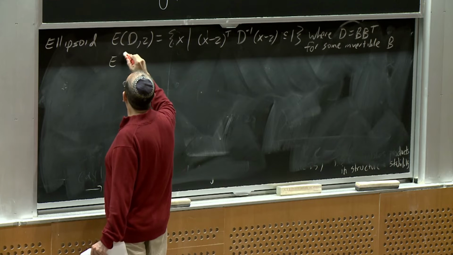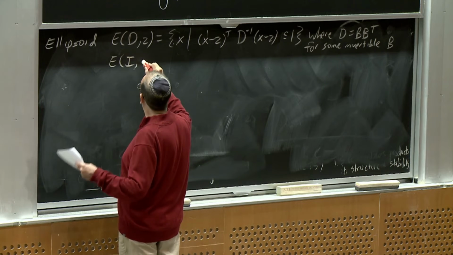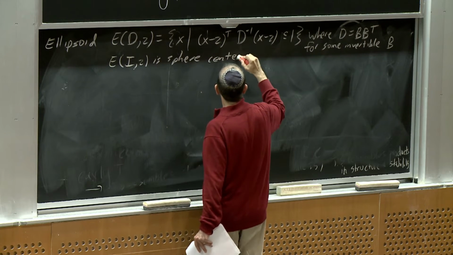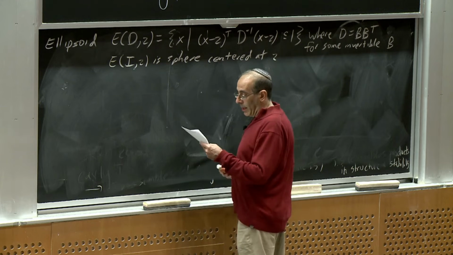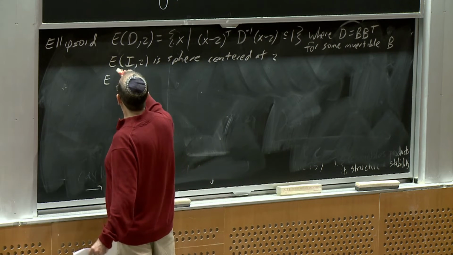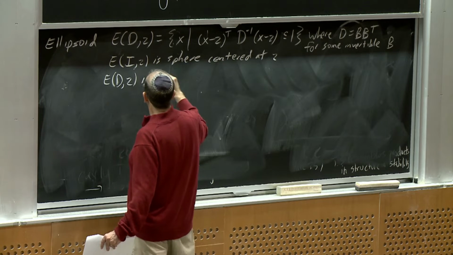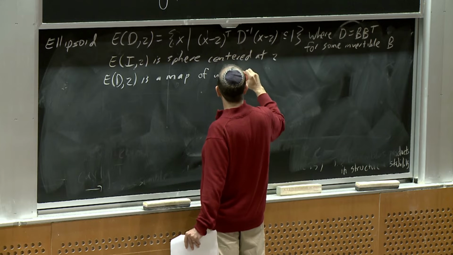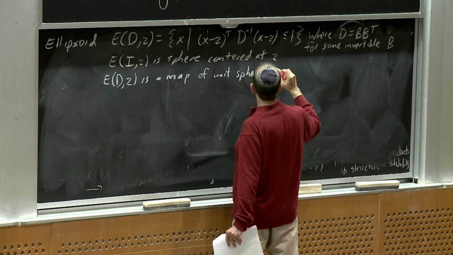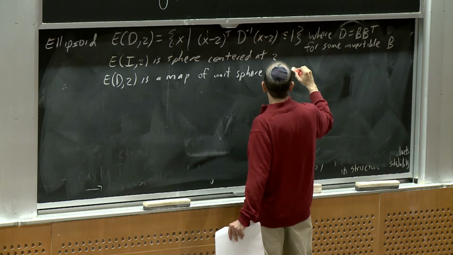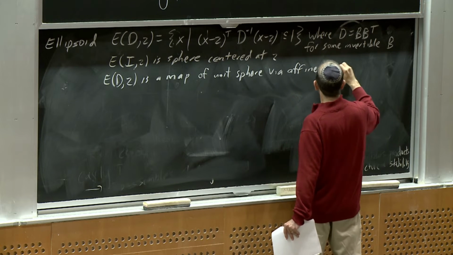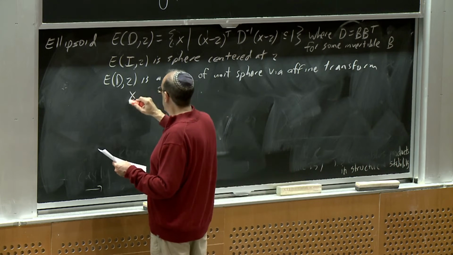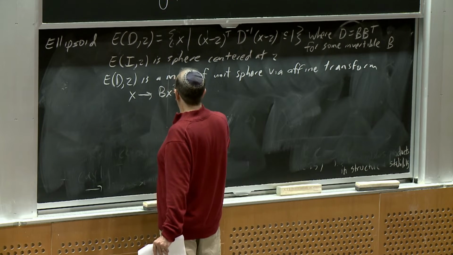So in particular, if you use the identity matrix for E, and Z is the sphere centered at Z, then E of dz is a map of the unit sphere via the affine transform that takes point x to the point bx plus z.